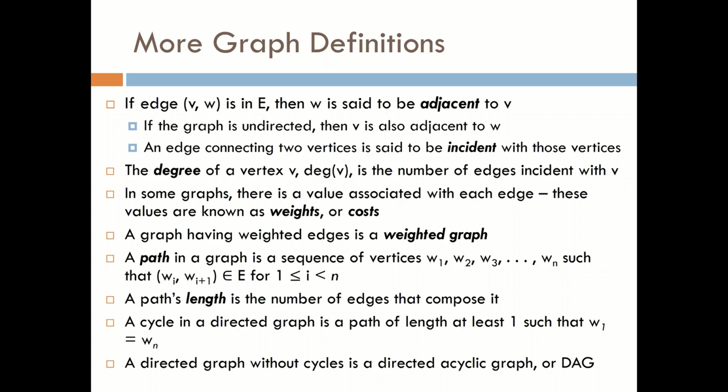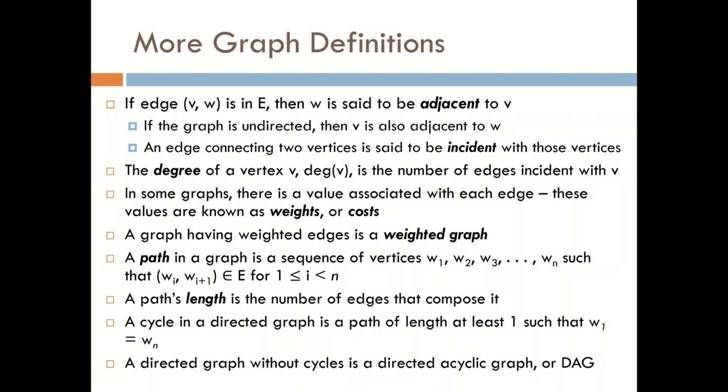So if we look at an edge (V, W), so V and W are endpoints, then endpoint W is said to be adjacent to V if such an edge exists. If the graph is undirected, then we say that V is also adjacent to W because that edge can be traversed and traveled in either direction.